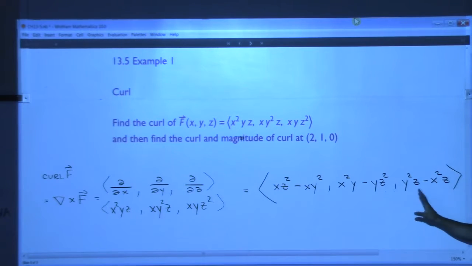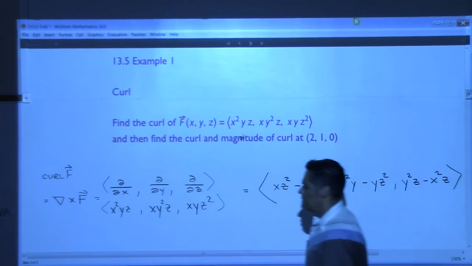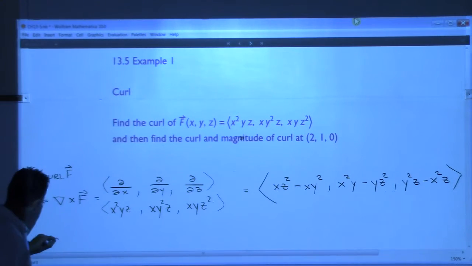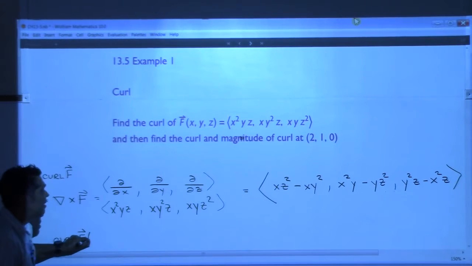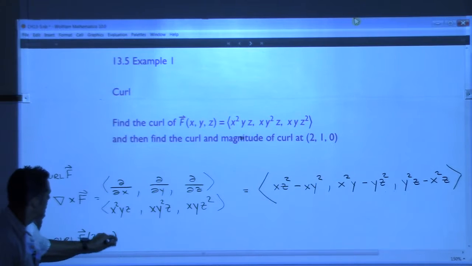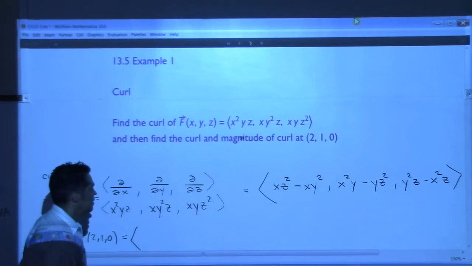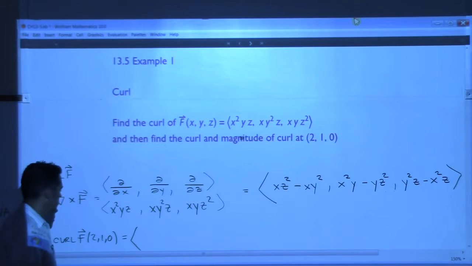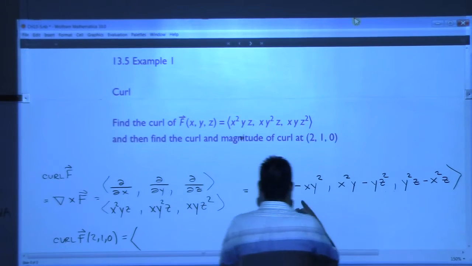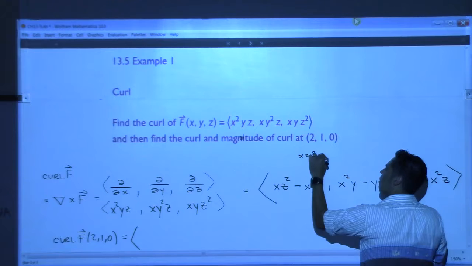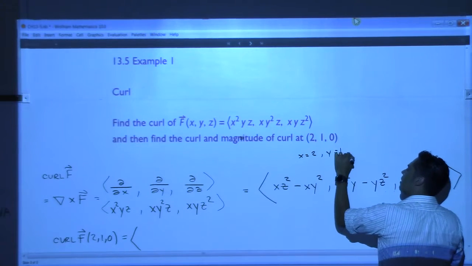Or sorry, the curl of your vector field. Now, at a specific point, the curl of our field at the point 2, 1, 0 would mean just plug 2, 1, 0 in there for x, y, and z. X is 2, y is 1, and z is 0.